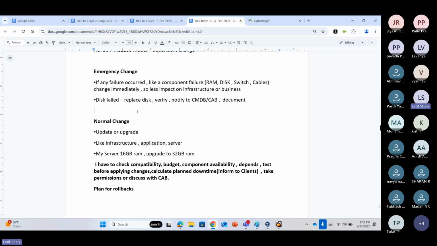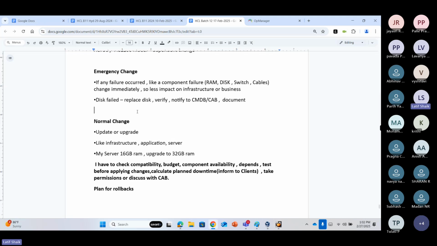This is the issue that occurred. This is what we found: the disk is not working. We replaced the disk with a new one, and we restored all the data onto it. And right now the server is running fine. So you have to inform it.